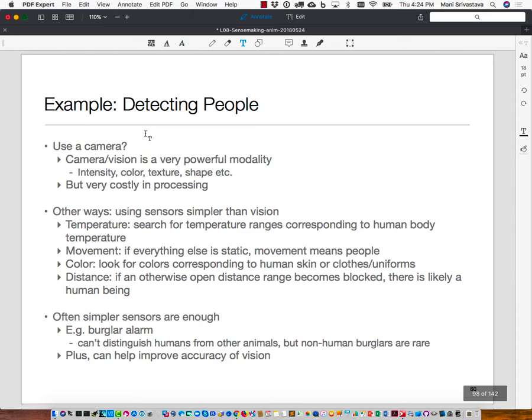Detecting people, again, is a very commonly encountered capability for security systems. You could use a camera, you can use heat, temperature, PIR, you can detect movement, color, distance, color because of clothing and all. And oftentimes, depending upon your need, a simpler sensor might be sufficient as well.